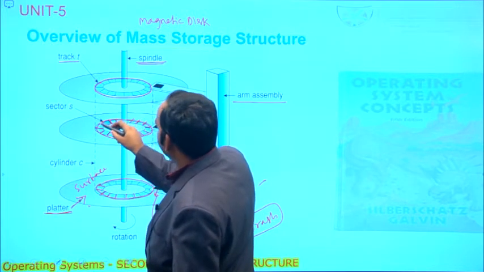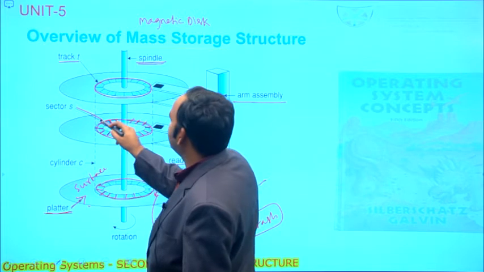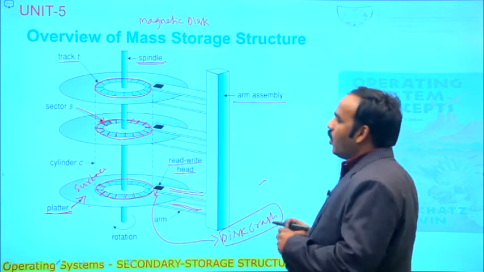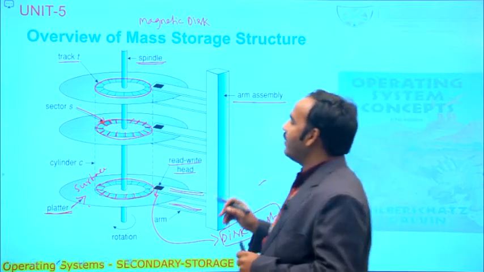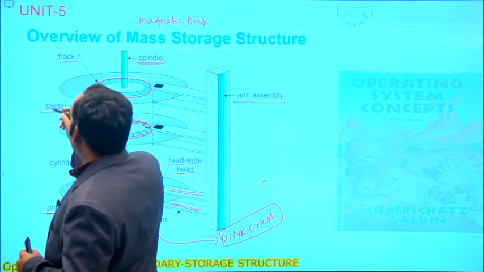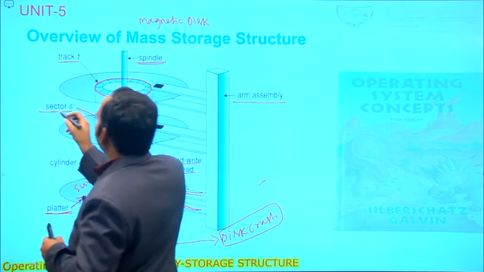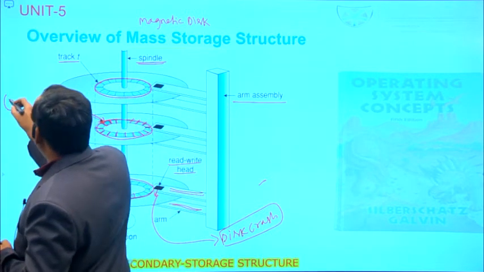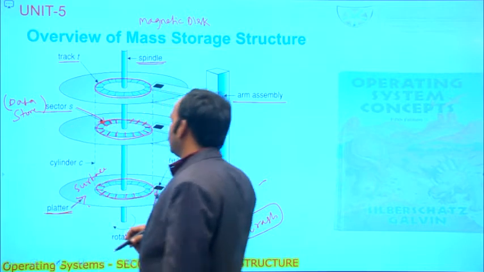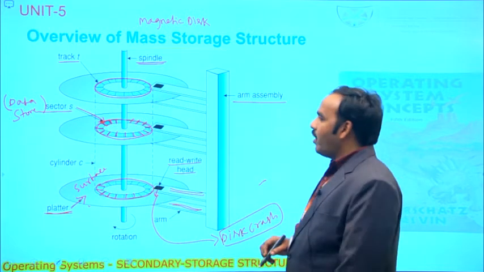This is the final point where we can store the data. This is the actual final unit. Only in this sector will the data be stored. That is the point, you understand.